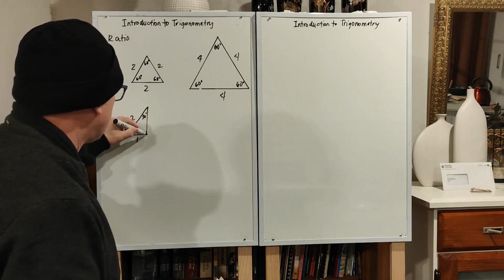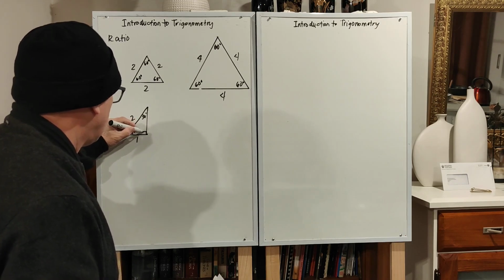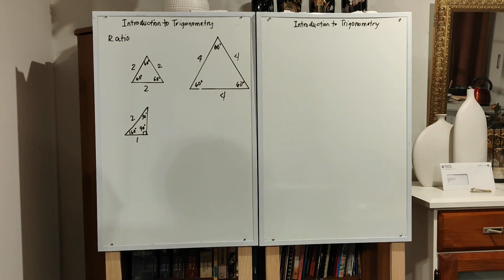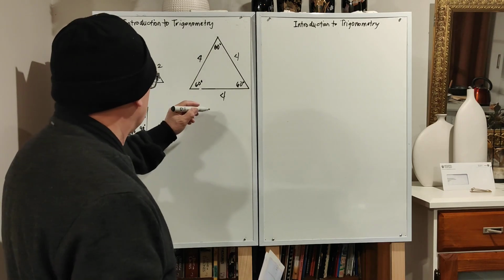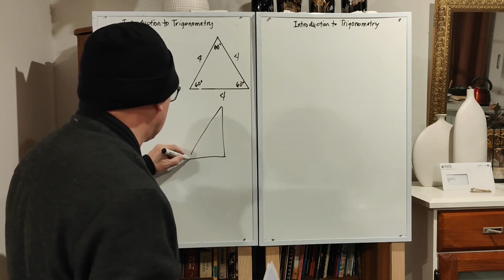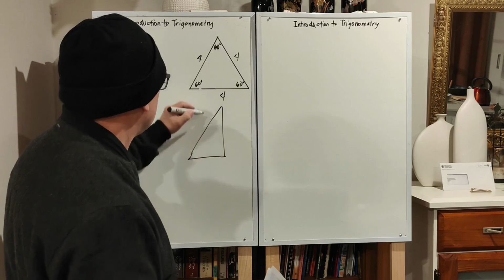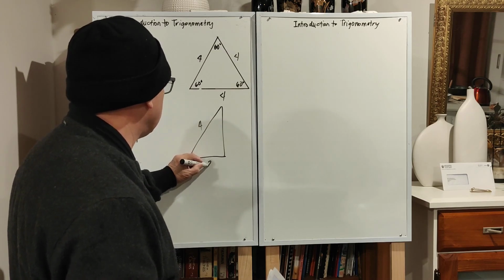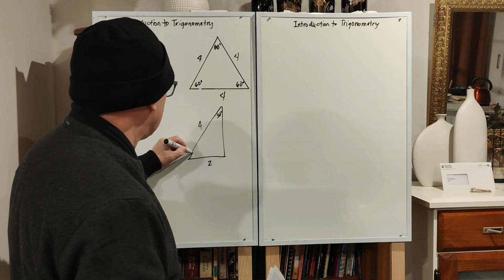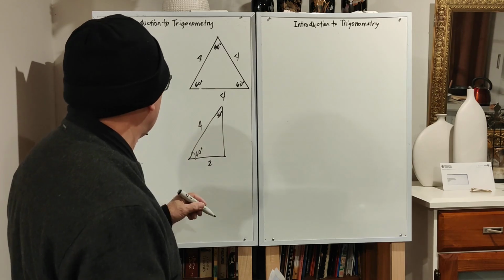Now this is a right angle, so this is 90 degrees. It's the same in here, so let's cut it into 2. This is still 4, this becomes 2, and this is 30 and 60 degrees.